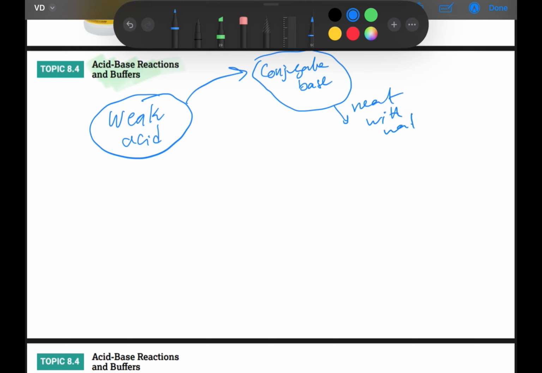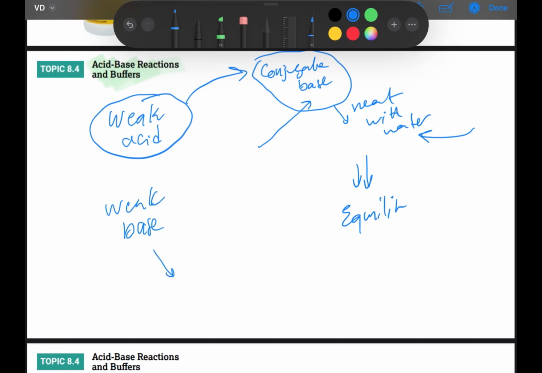So since we have a weak acid and its conjugate base that reacts with water, we go to the concept of equilibrium. On the other hand, if we have a weak base, we have a conjugate acid. The conjugate acid reacts with water. We're still in equilibrium, and that's why we have to do some calculations related to the equilibrium process.